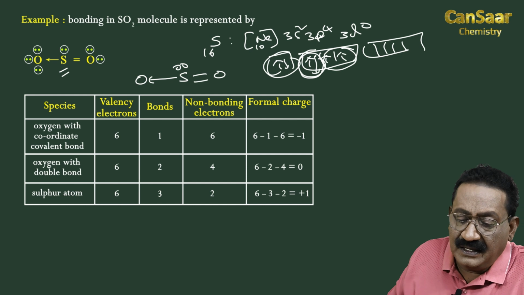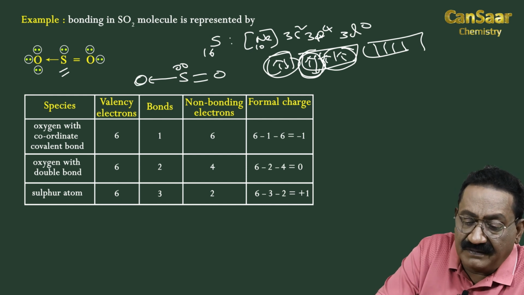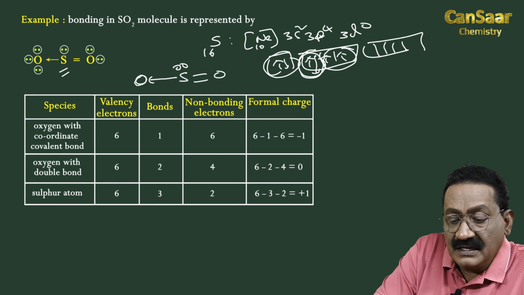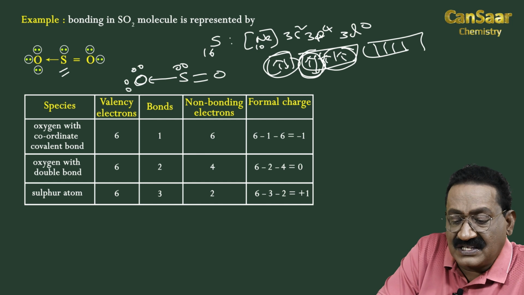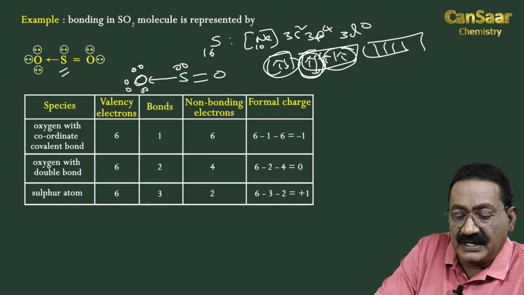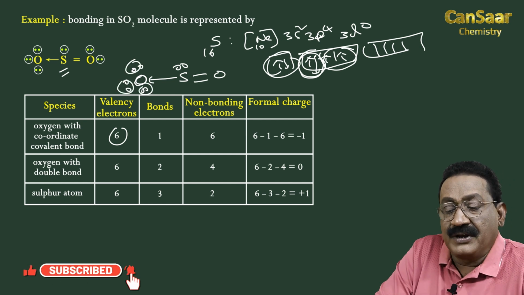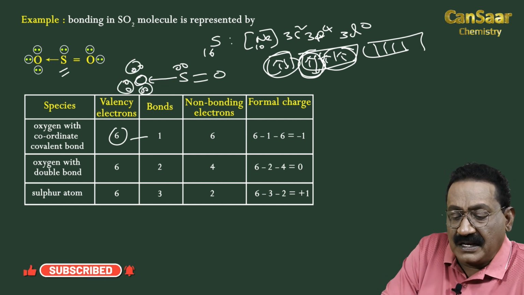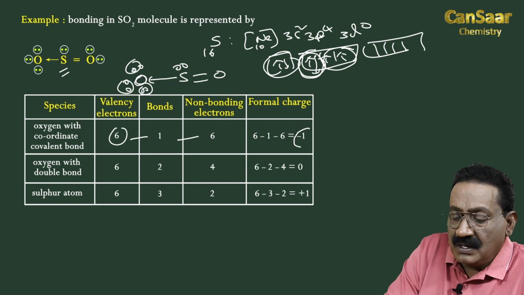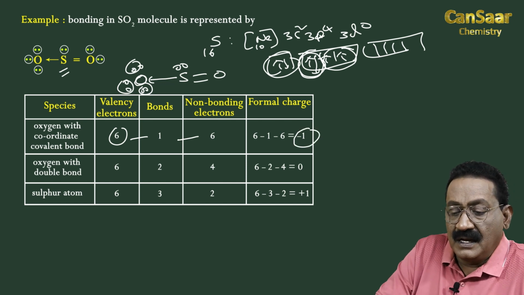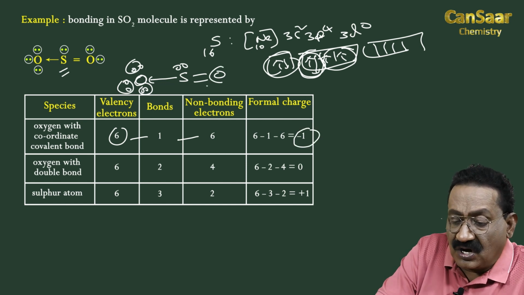Now let us see first this oxygen, formal charge. Oxygen has 6 valence electrons, it has formed 1 bond, and all the 6 valence electrons are non-bonding electrons. So 6 minus 1 minus 6 equals minus 1. And the oxygen with double bond, this is the oxygen.